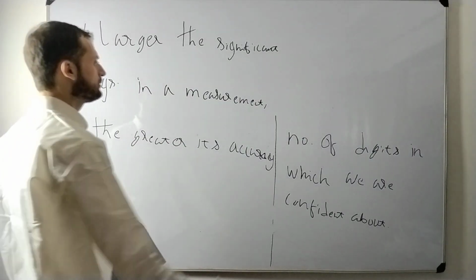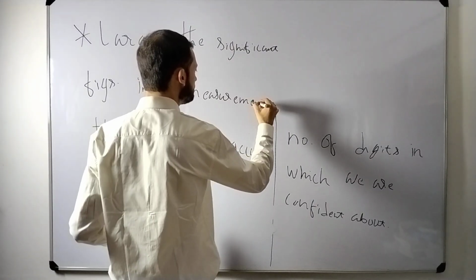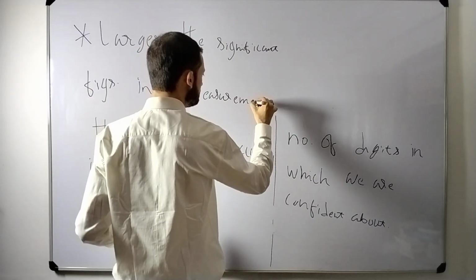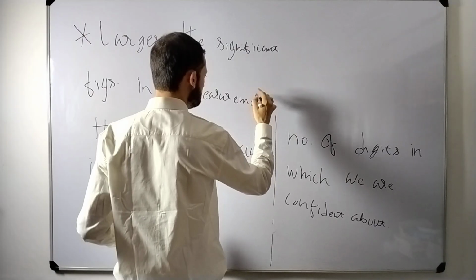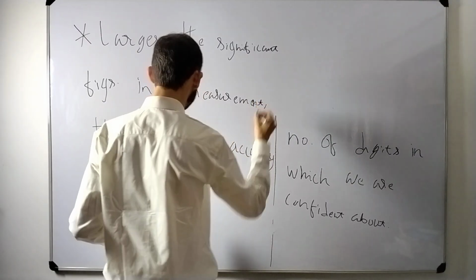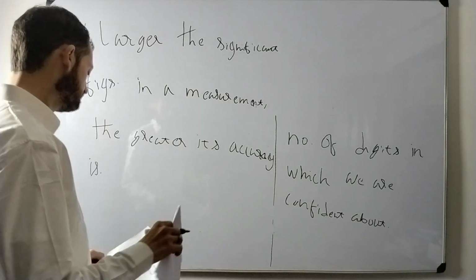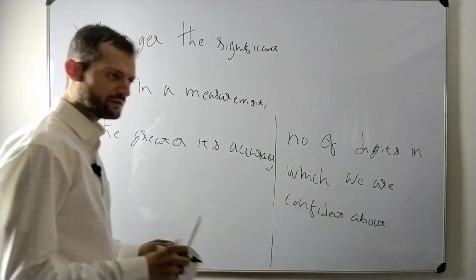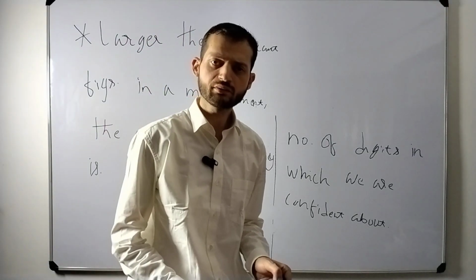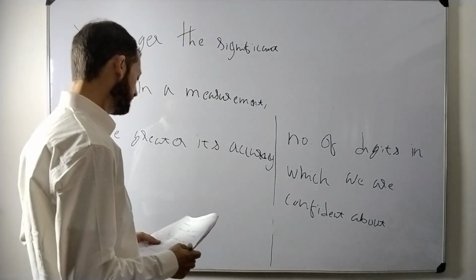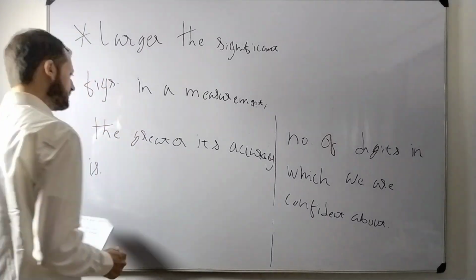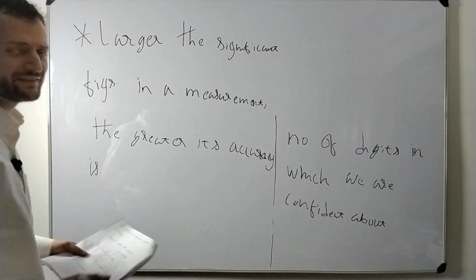So all this you might have understood. Now how to define a significant figure? That's the basic question. So how would you define a significant figure? Sir, by a number of digits.